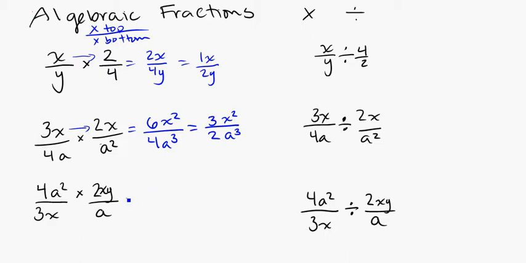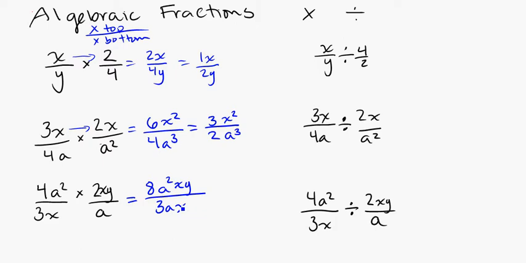Looking at this next example then, still timesing straight across. 4 times 2 gets me 8. a squared times x times y. None of those are the same, so I can just write them in next to each other. And on the bottom, I've got 3x times a. That becomes 3ax. Stop and ask, can I simplify this any further?